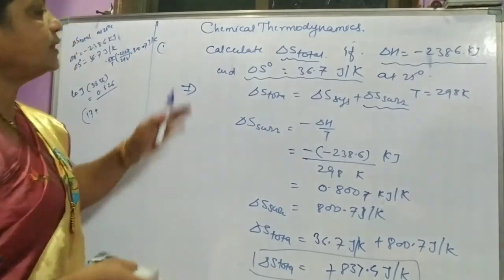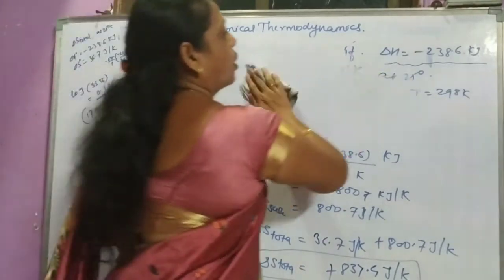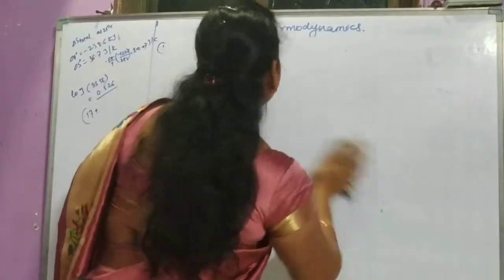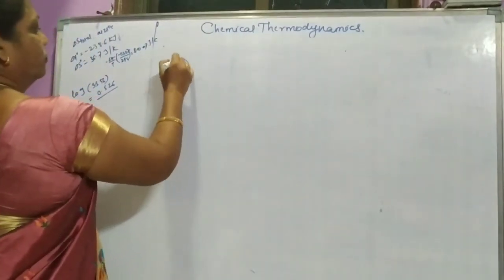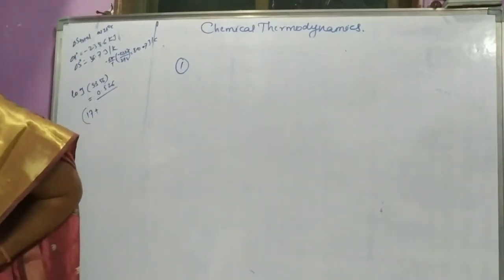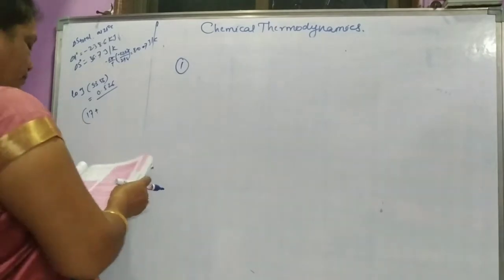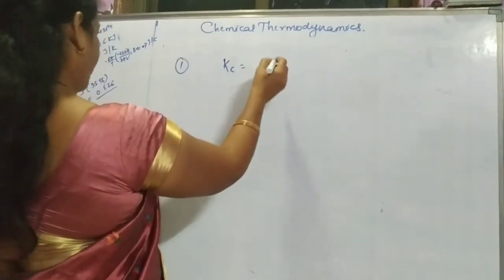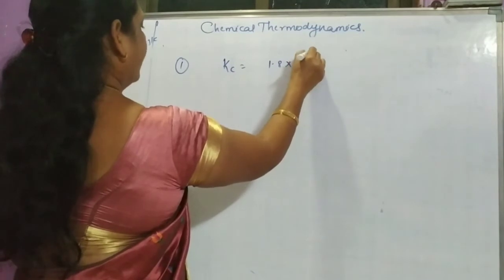After watching this video, you have to solve some numericals. First numerical: for the reaction, Kc is equal to 1.8 times 10 to the power 18.